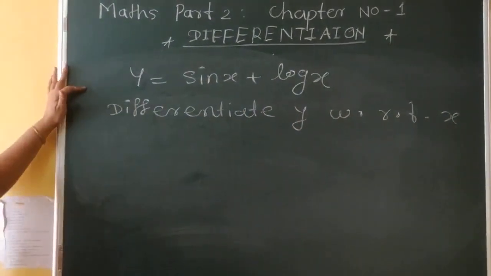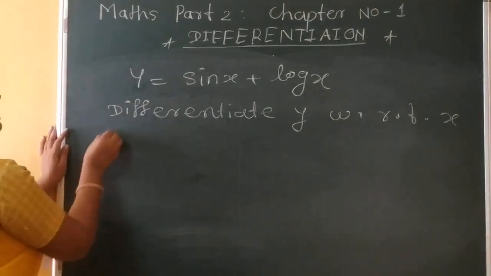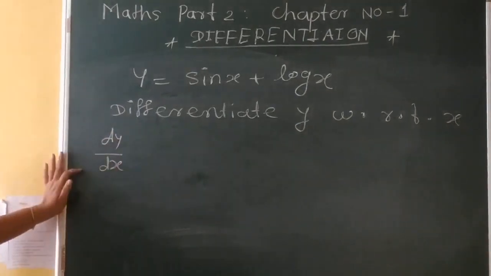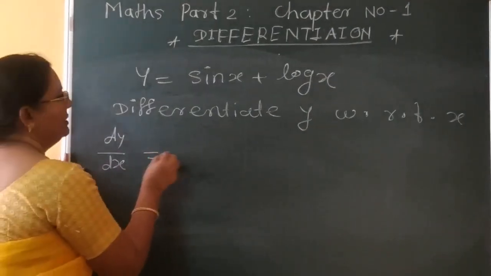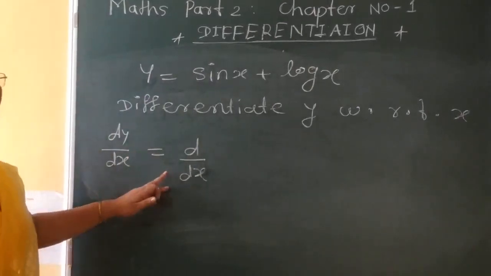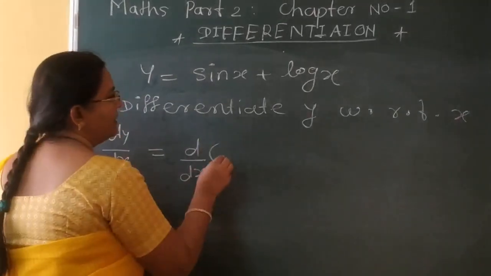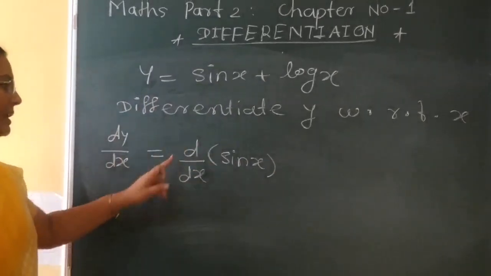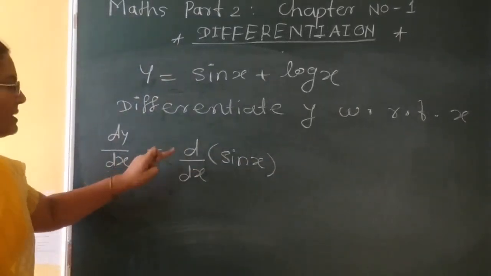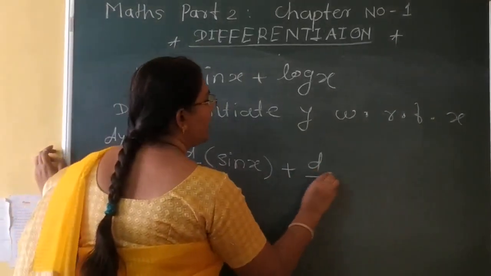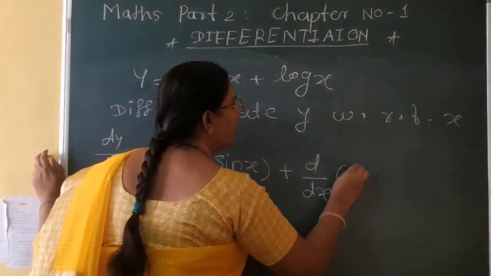Using the addition rule, differentiating this y with respect to x, it is written as dy by dx. Using the first rule, for the addition of two functions, the first function is sin of x. Taking the derivative, we write d by dx of sin x plus d by dx of log of x.